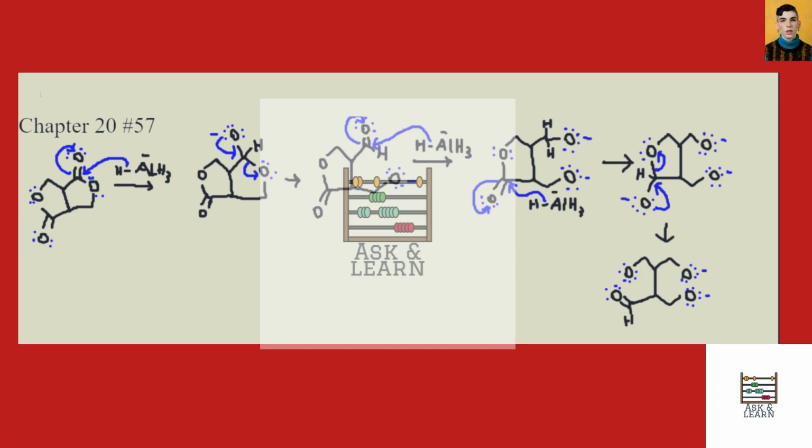So all 3 of these are alkoxides. And then one more hydride can come along and be delivered to this carbonyl. And just as we've seen the other 3 times in this mechanism, those electrons will kick up to the oxygen. So now we have all 4 of our oxygens as alkoxides.